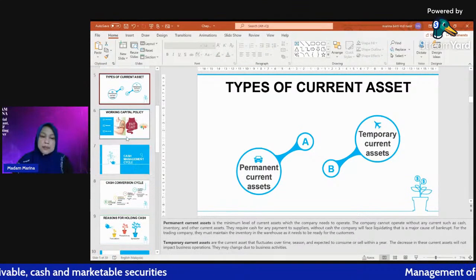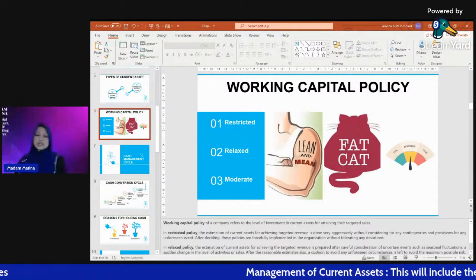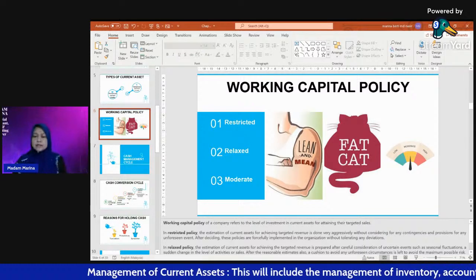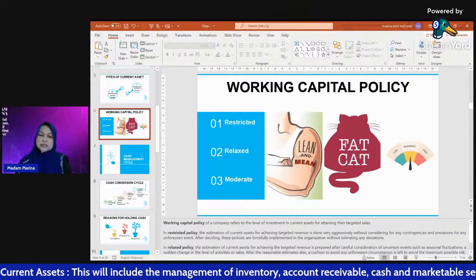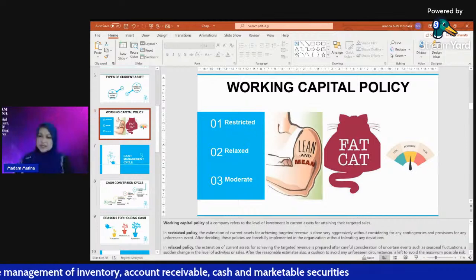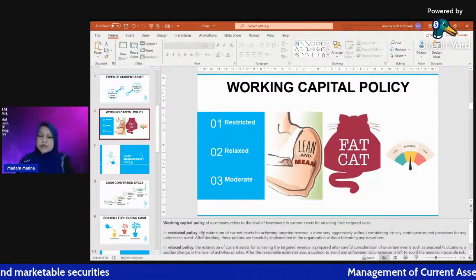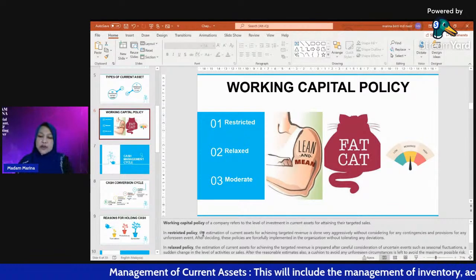This is a very important part also. This is working capital policy. Okay, we have 3 working capital policies for a company or business. The first one is restricted, the second one is relaxed, and the third one is moderate. Restricted working capital policy means the estimation of current asset for achieving target revenue is done very aggressively without considering any contingency and provision for any unforeseen event.